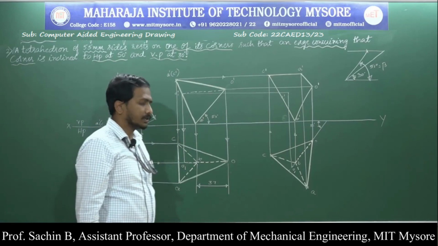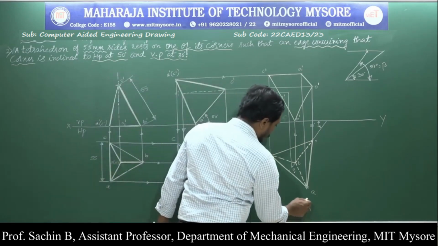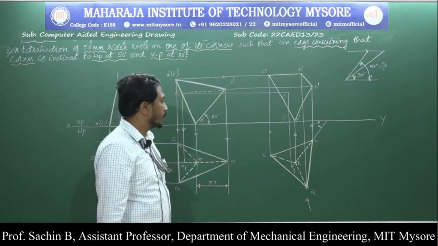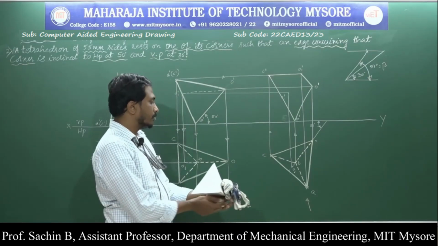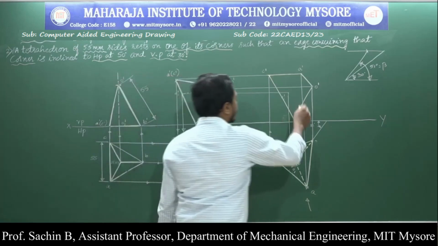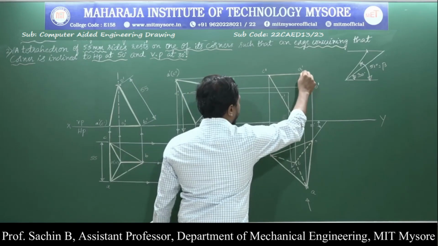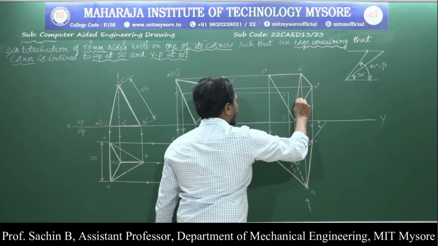Next, I will go for the second concept, that is, from the front view, the faces and edges near to the observer are clearly visible. According to it, the base part, that is ABC, is clearly visible for us. Already A dash to B dash, B dash to C dash, and C dash to A dash are clearly visible.